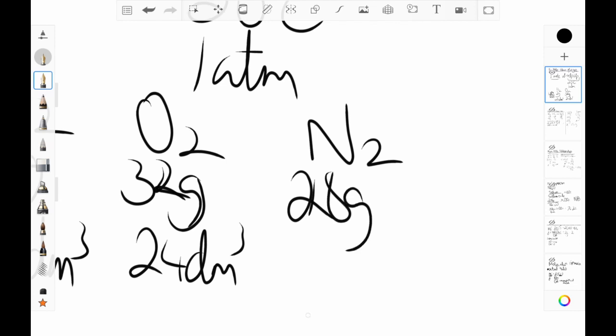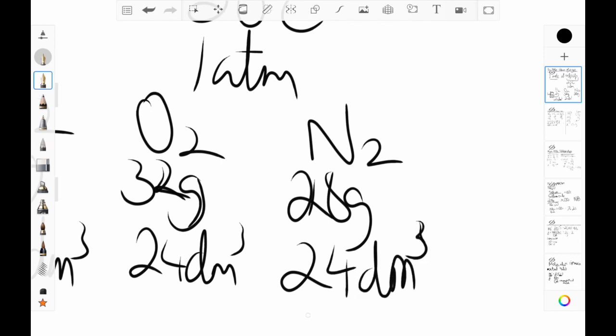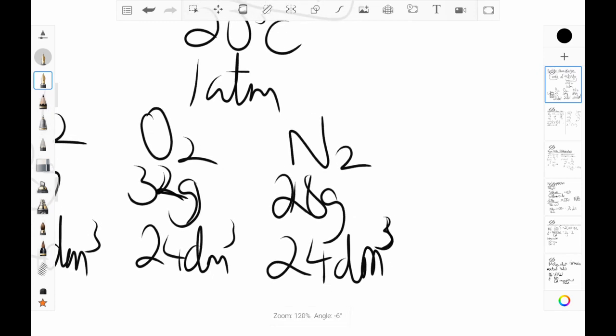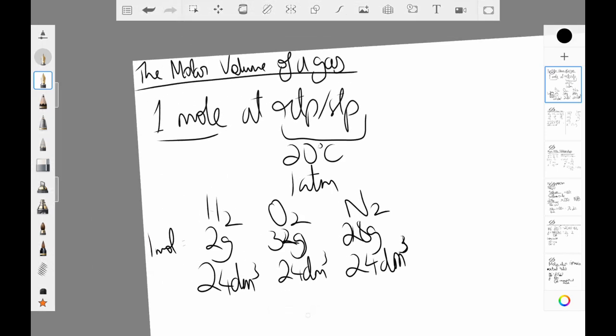So at room temperature and pressure, this 28 grams of nitrogen occupies 24 dm cube. Right. And that's really what the molar volume of a gas states. Basically, under standard temperature and pressure, 1 mole of any gas occupies 24 dm cube.